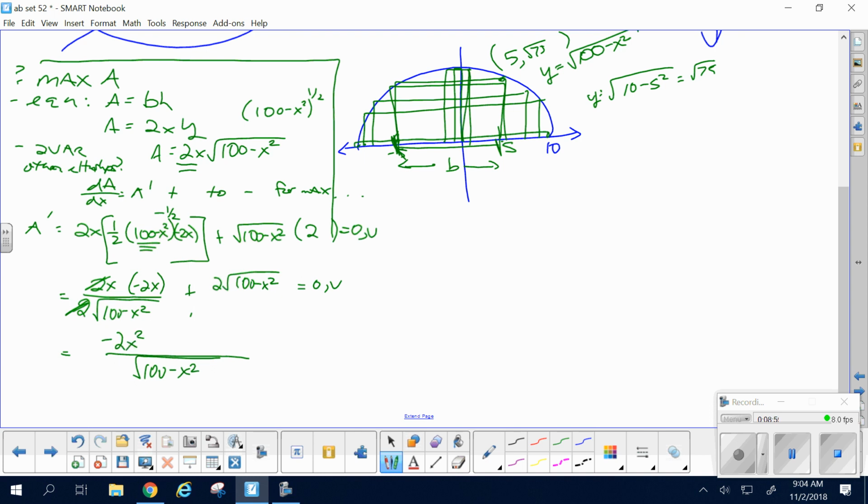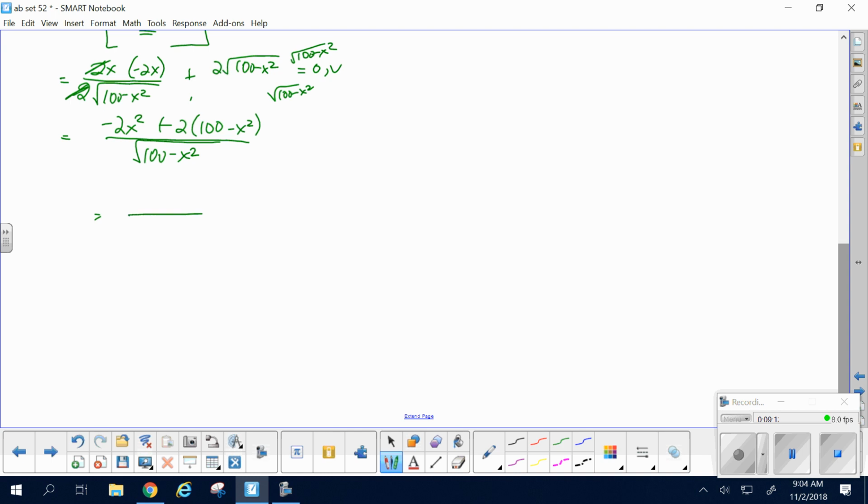This guy you had to multiply by root 100 minus x squared over itself to get the common denominator, so it becomes 100 minus x squared times the 2 that was out front. So cleaned up, I'm getting something like negative 2x squared minus 2x squared more, so negative 4x squared plus 200 equals 0 or undefined.